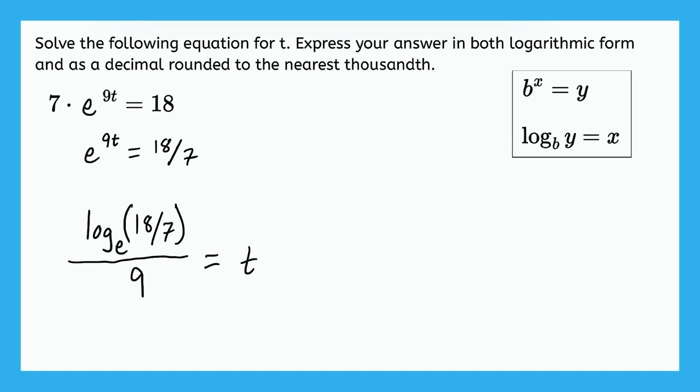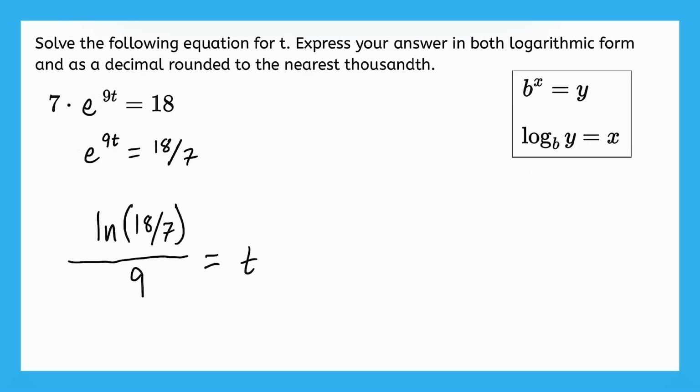And then if you want, instead of writing log base e, we learned recently that you can write ln instead of log base e. So in that case, your value in logarithmic form for t would be the natural log of 18 over 7, all divided by 9. Sometimes you'll even see the L written in cursive like that so that it's not confused with a 1 or something. Same thing.